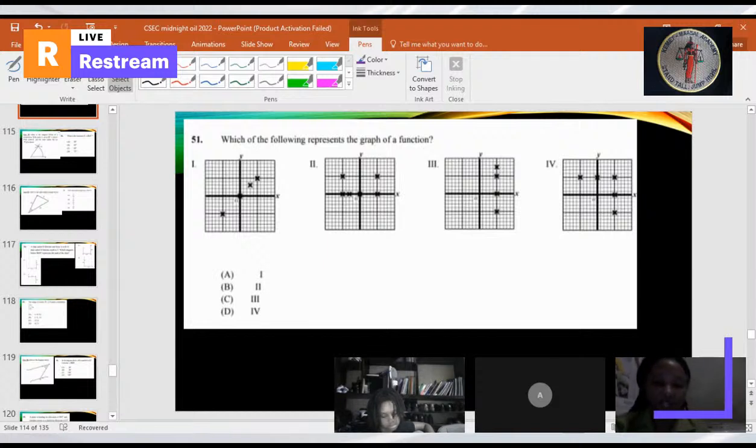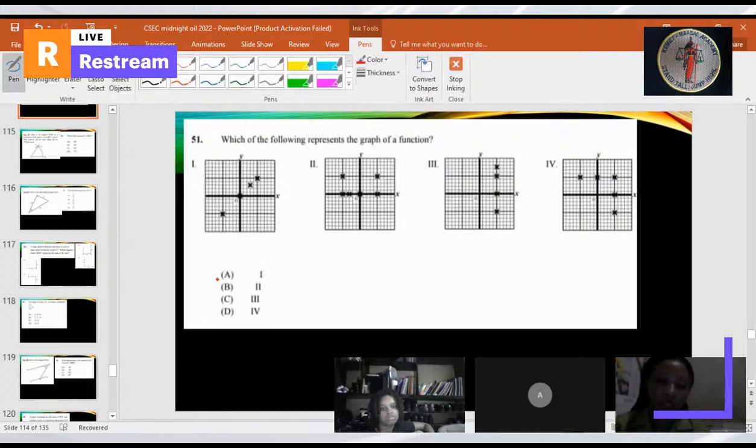When a relation is a function, each x value maps onto only one y value. So look at those points that are plotted. Which one of them has the x values going to only one y value, not the same y value? Miss, I, which is A. Correct.